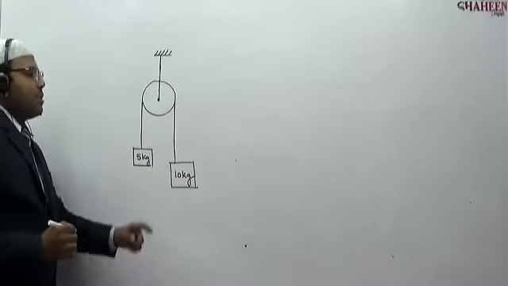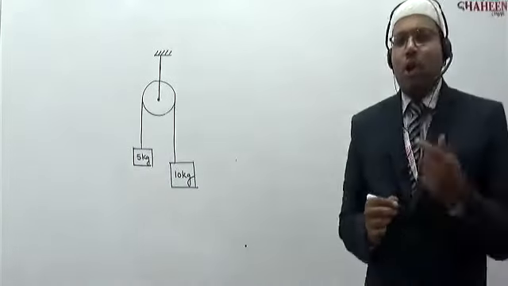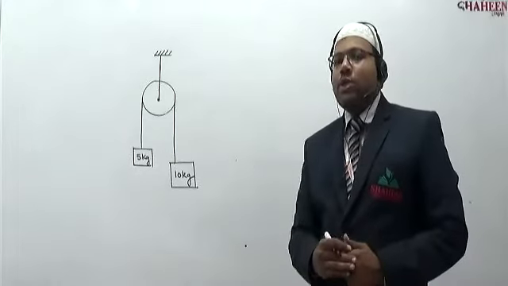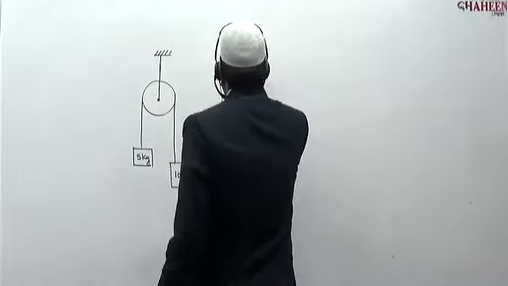So for this we need to calculate the acceleration of the system. Only one question is given in the book, but here I am adding two more questions after doing the solution for this. Okay, so we need to calculate the acceleration, right?